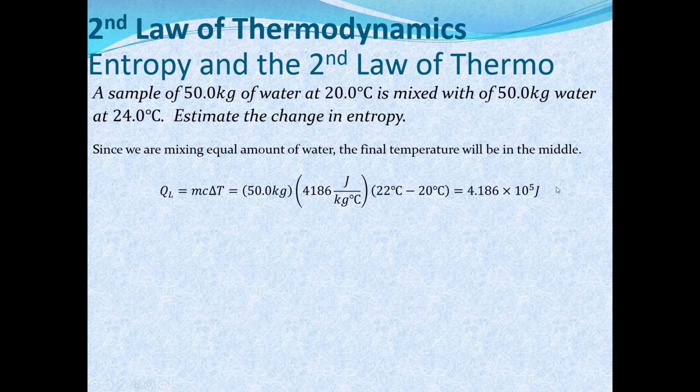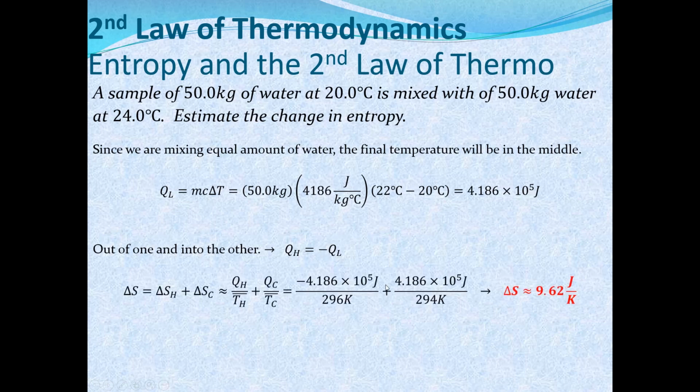And we end up getting this as the energy gained by the low source. This is also equal to the energy lost by the hot source. So for QH, we just make it a minus because it lost this energy rather than gained it. So when we take our equation, that's what we're going to do.